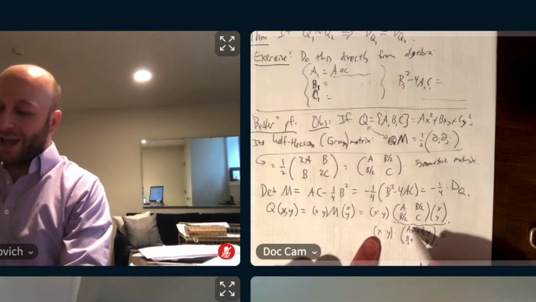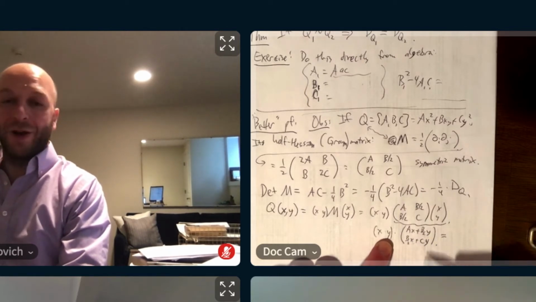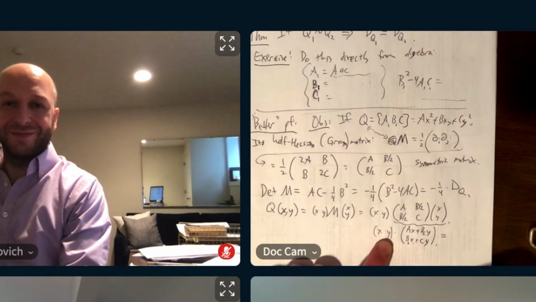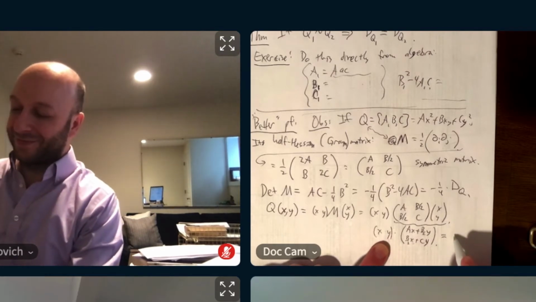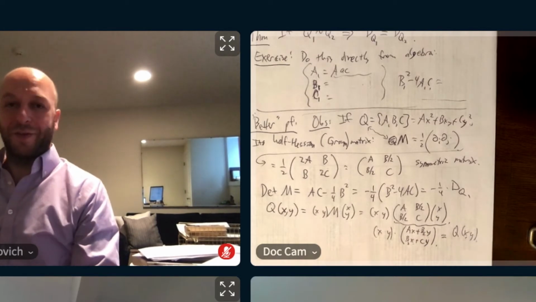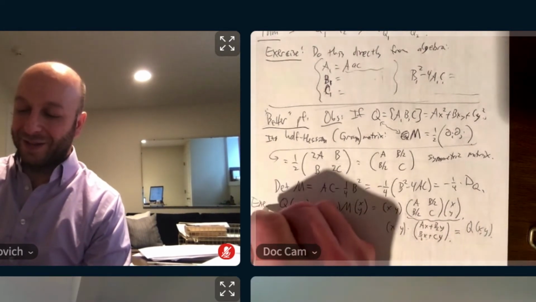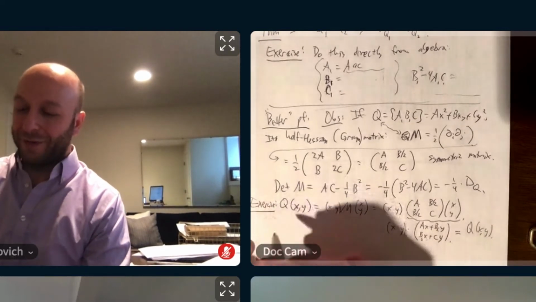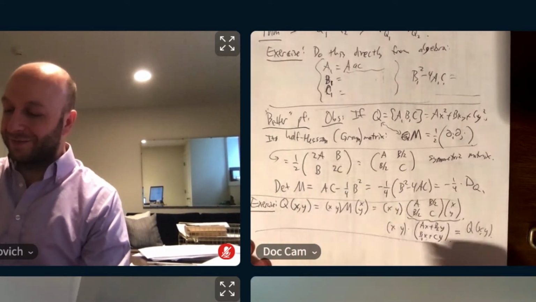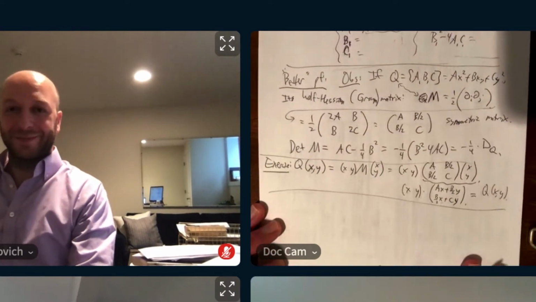So I get ax squared plus b over 2xy plus b over 2x times y plus cy squared. Does everybody see that? That's Q of xy. If I did that a little too fast, let's make this an exercise for you to check on your own, even though I've done it for you. Does that make sense?